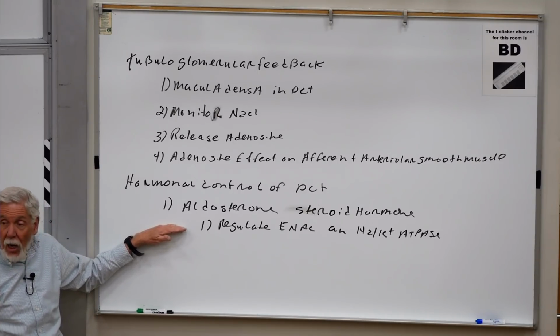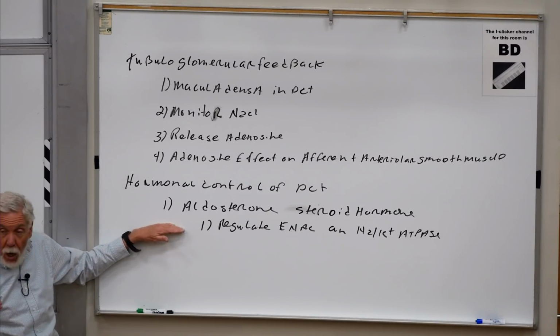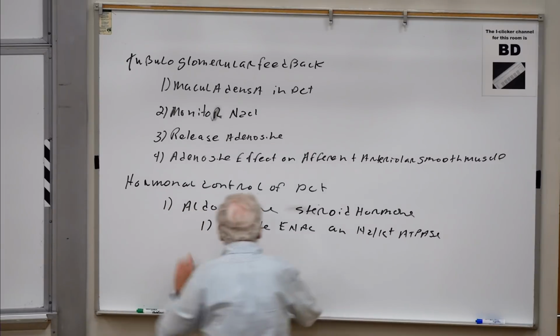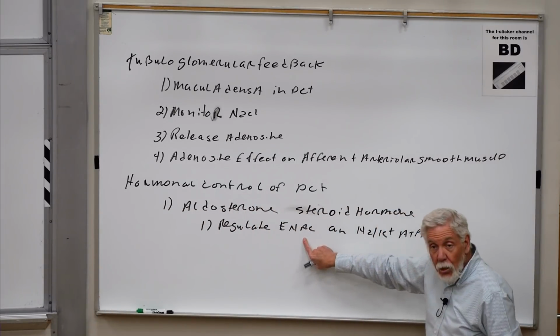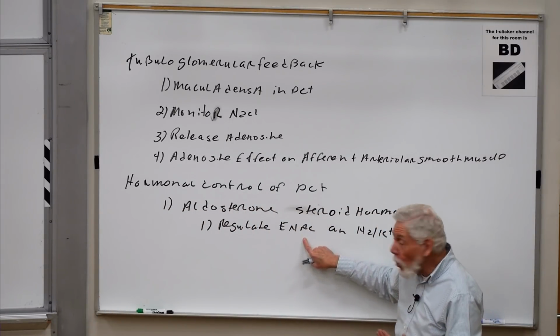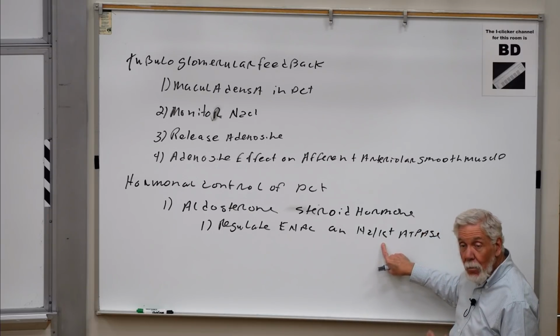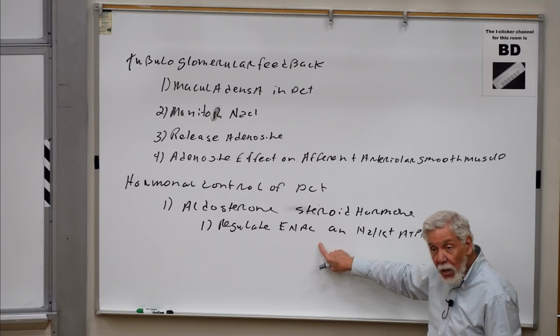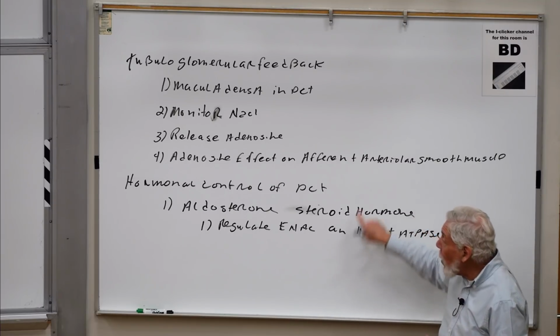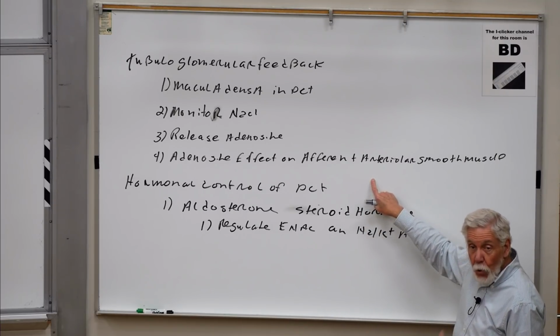The particular kind of proteins that this aldosterone hormone is going to turn on in the genome is it's going to upregulate the sodium channels on the apical membranes and the sodium-potassium pumps on the basolateral membranes. So we can more effectively remove the sodium from the fluid in the distal convoluted tubule.